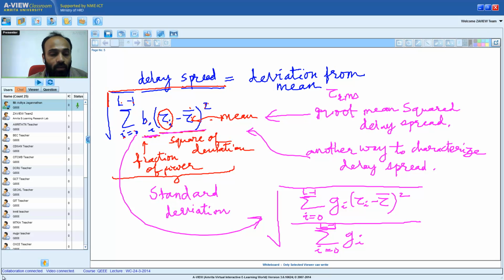That is not possible, right? So there are only finite paths, because there are a finite number of scatterers.